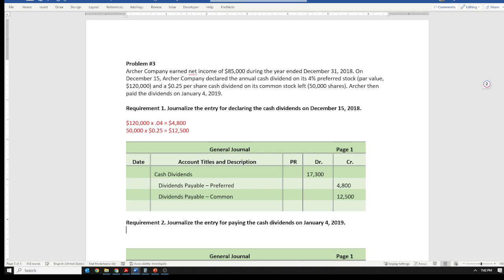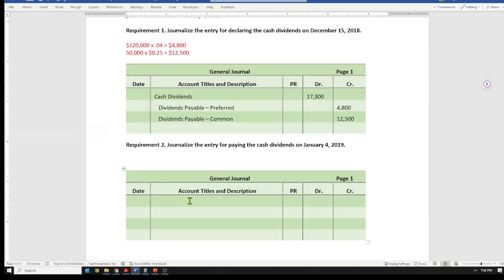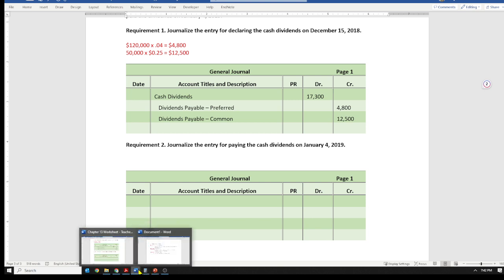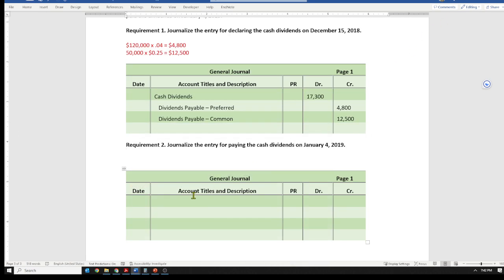Now we're going to journalize the entry for paying the cash dividends. Remember, the liability was created, and looking at the dates, this is the payment date, and that's when an entry is done. Cash is going out now; we're paying these liabilities. Very easy.